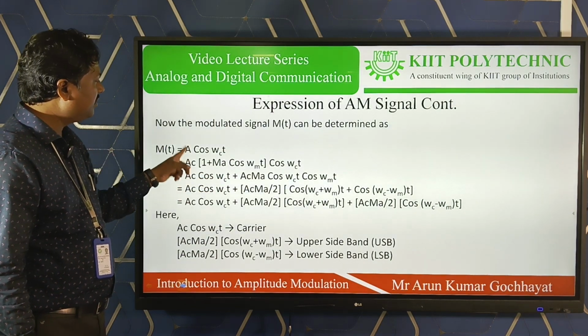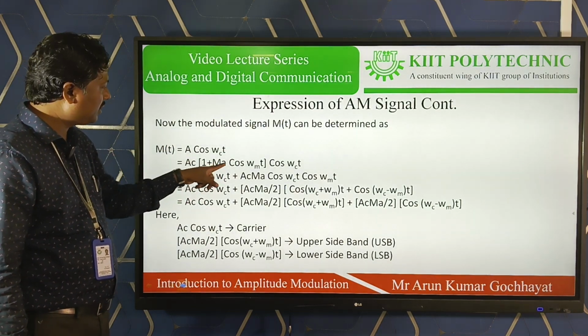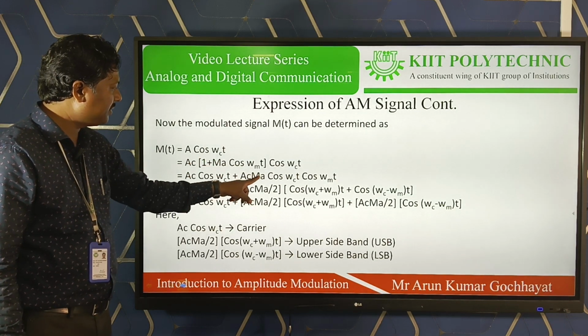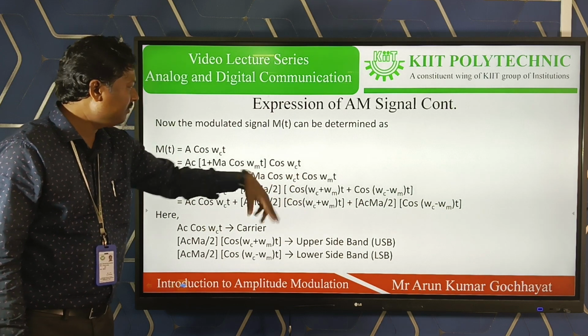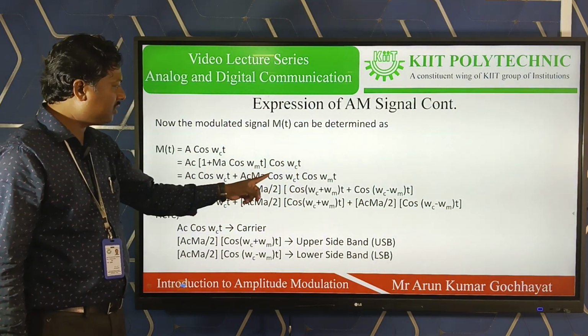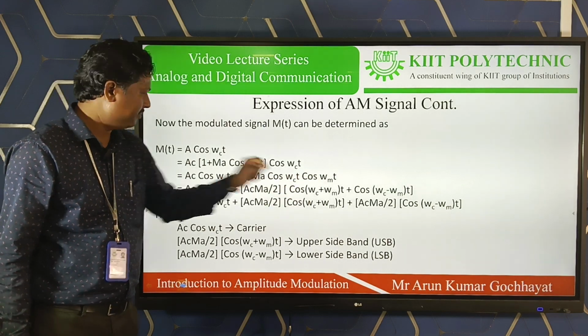Similarly, AC when multiplied with MA cos omega mt becomes AC MA cos omega mt, and when that is multiplied with cos omega ct, the whole result will be AC MA cos omega ct into cos omega mt.